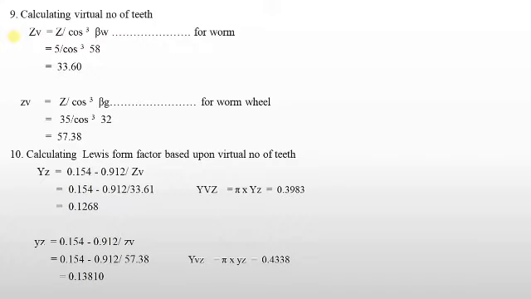Now calculating the Lewis form factor for worm wheel, which is y, pi into 0.154 minus 0.912 upon 57.38. Lewis form factor for wheel is 0.4338.